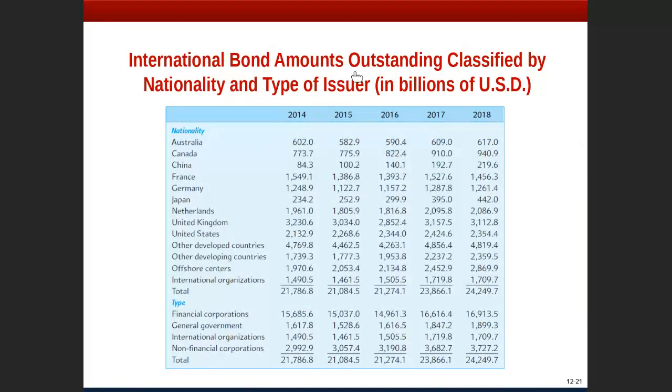Now, here we're looking at international bond amounts outstanding, classified by nationality and type of issuer. Again, these statistics are in billions of US dollars. Australia is right here, and then if you come all the way down here, you see the United States. The United Kingdom seems to issue a lot of bonds.